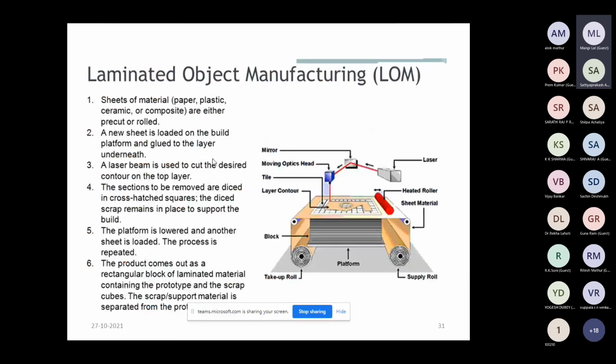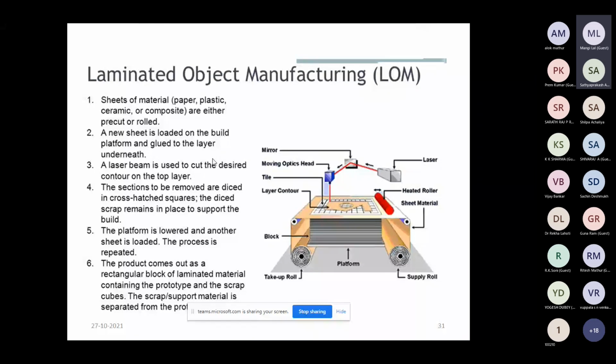For example, in this slide, sheets of material, basically paper or ceramic or composite, are there. The final product is made in a rectangular block. In that rectangular block, we have to separate the required product from the cross-hatched pattern.